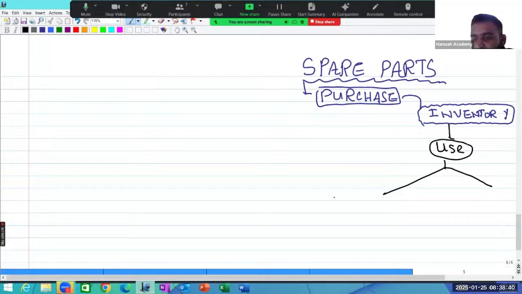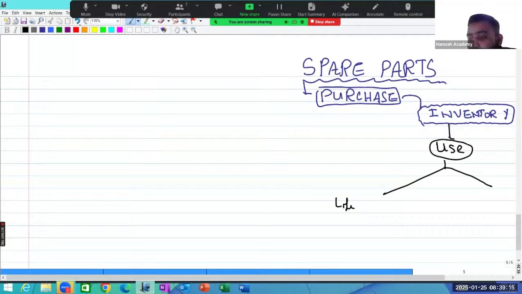Now, if the usage of the spare part is a useful life of less than a year, then normally it will be recorded as an expense in the profit and loss account.